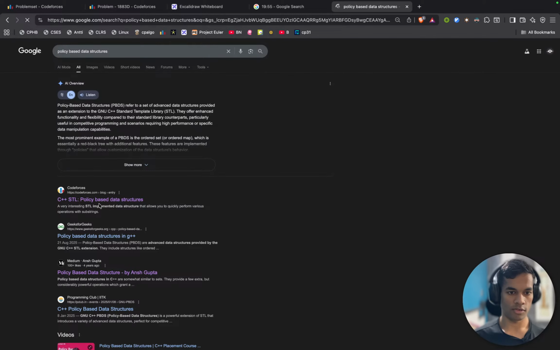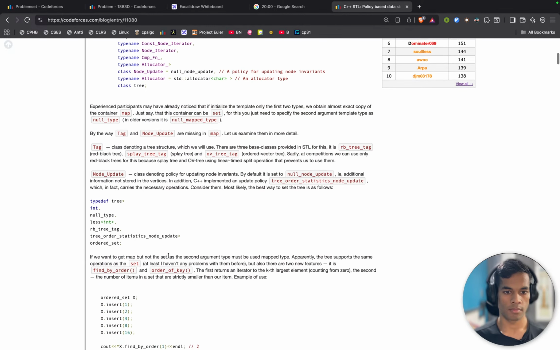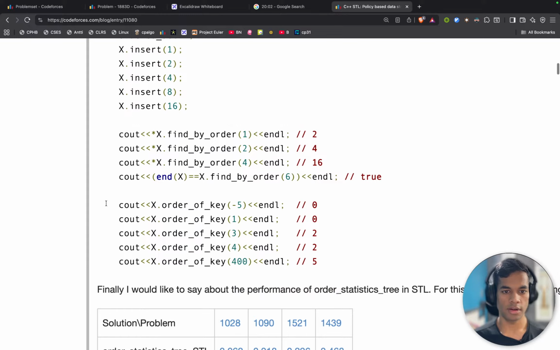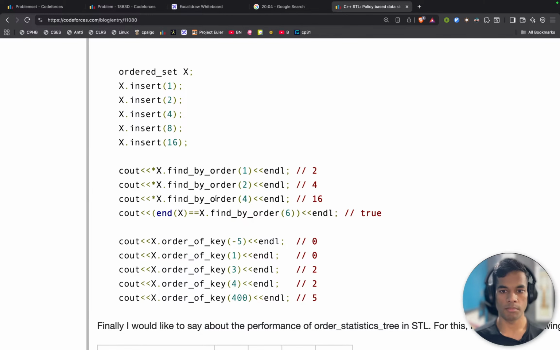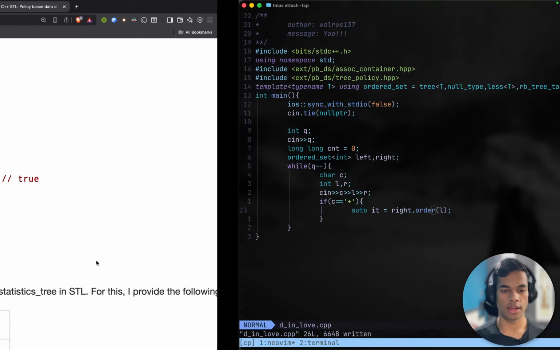Insert, and find by order: what is the element at this particular order? Orders start from 0, I guess. Yes. Order of key, that is what we want to call.